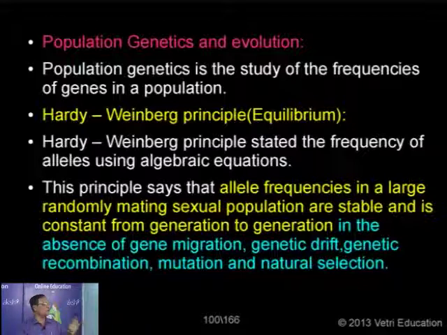Now, what is the definition for that? The principle says that the allelic frequencies of a large, randomly mating, sexually reproducing population are normally stable and remain constant from one generation to another.